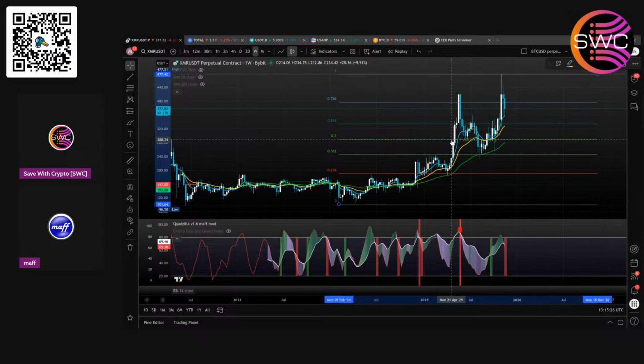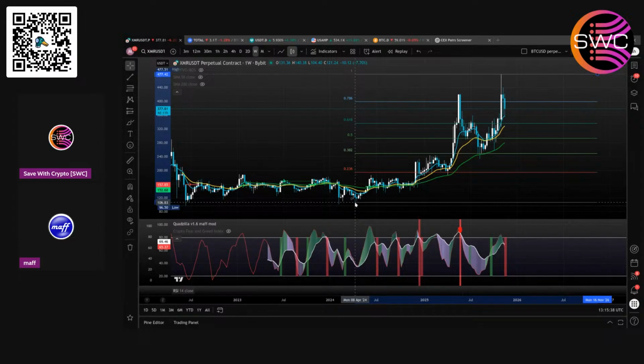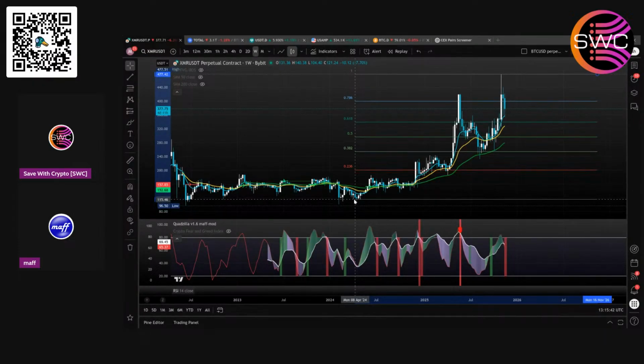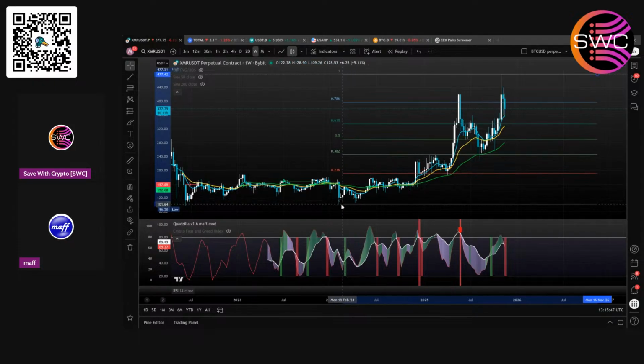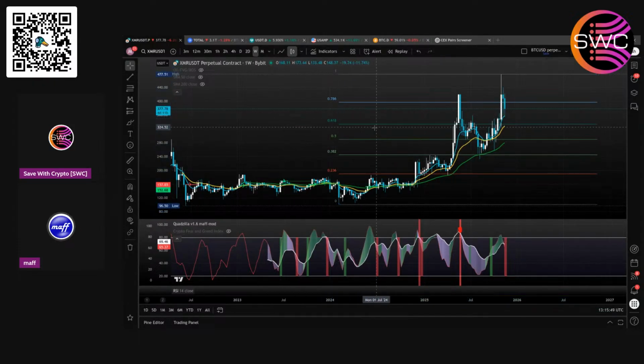Sort of come down to the 0.5 would be kind of 289-ish. The 0.618, I think, if I drew that properly, seems like a fairly likely support level for it to come down to.